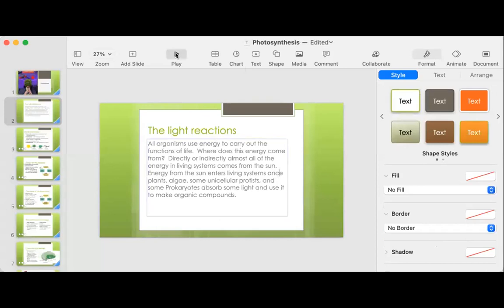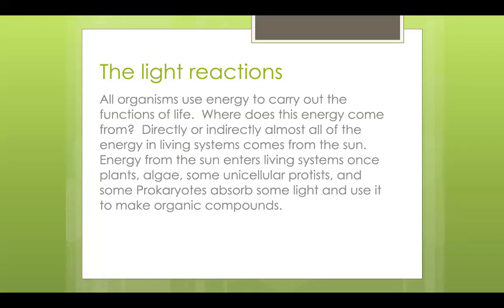Yeah, that's better. So basically you have photosynthetic organisms that are going to capture the energy from the sunlight, and they're going to convert that light energy into chemical energy in the form of organic compounds. And that overall is the main idea of photosynthesis. Now, I want you to keep in mind that photosynthesis is only converting light energy into chemical energy.